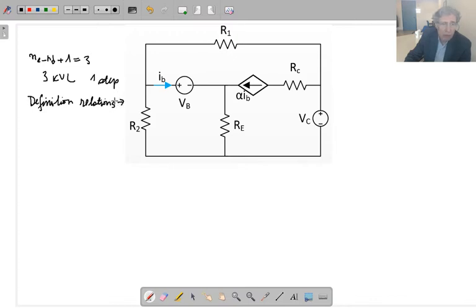Transfer the voltages to element currents, and then element currents, then mesh currents. These are the steps. That's step 1. That's step 2. And that's step 3.